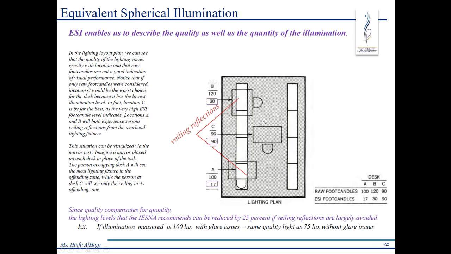Meaning, for example, in an office, they are recommending to have 100 lux. Now this 100 lux will take a bit of glare issues into account. If there are no glare issues at all in that space, then the minimum required is going to be 75 lux.